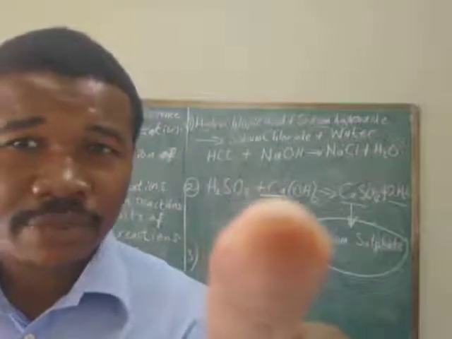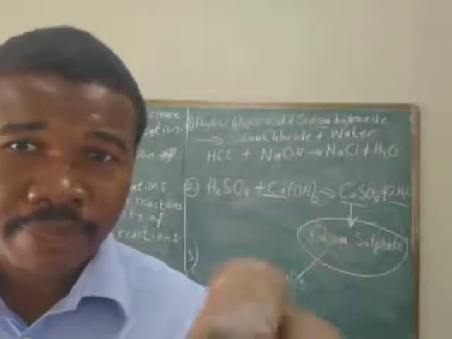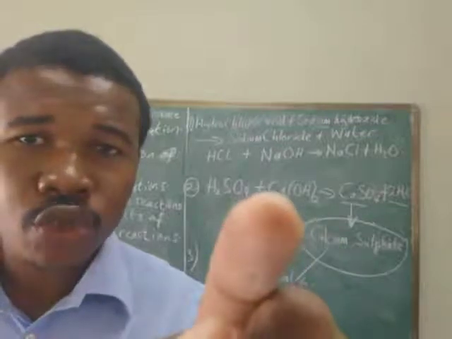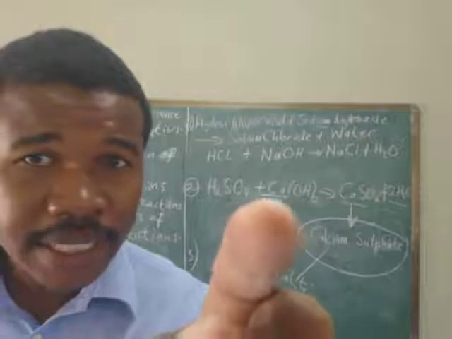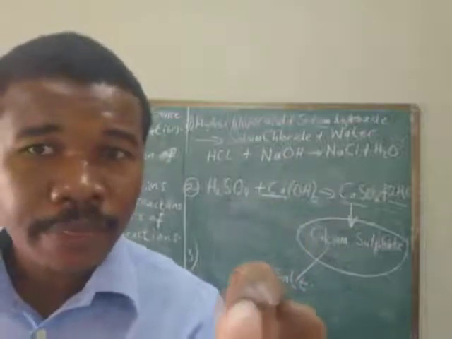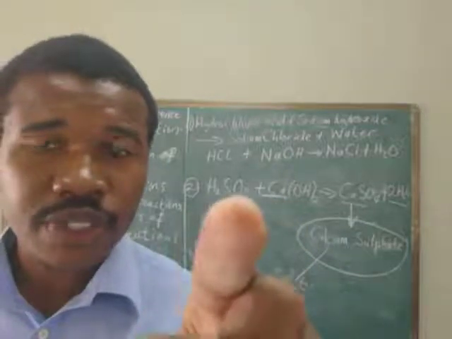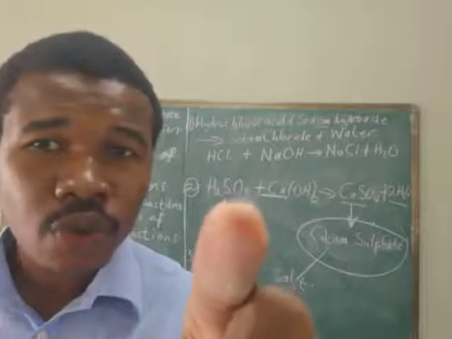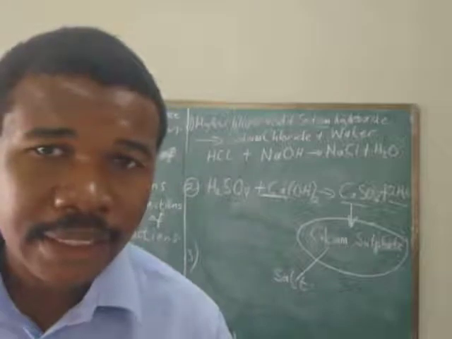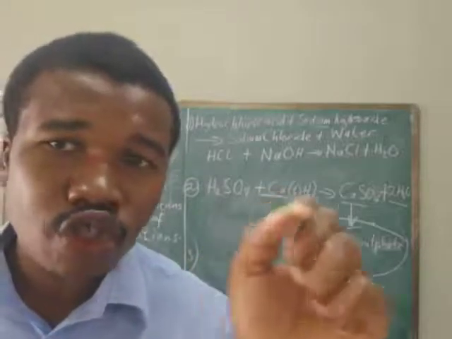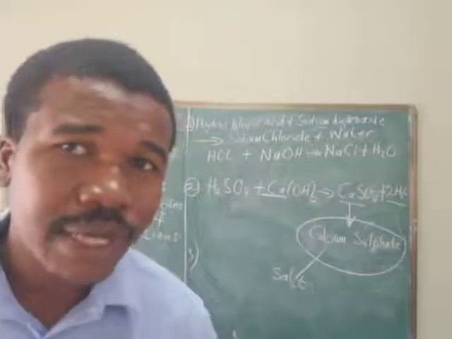So the calcium is the metal in the base, and you join that first part of the base, the calcium, the metal part, to sulfate. So you then go to the acid, and you take the anion from the acid, the sulfate part, and then you join it with the cation part.